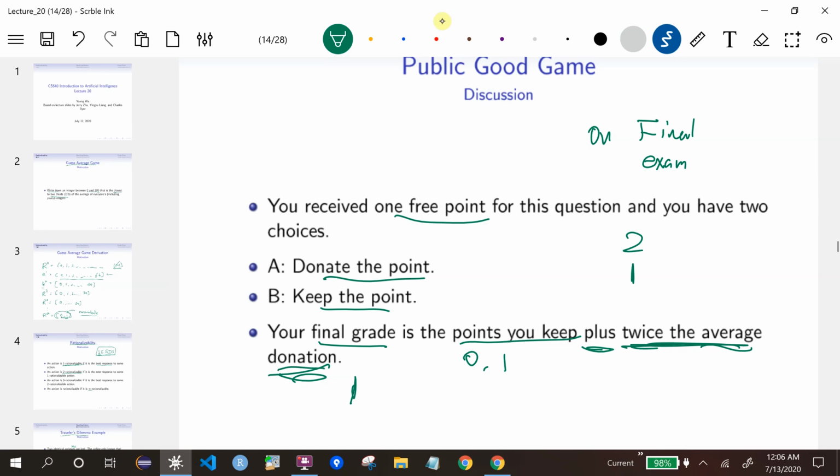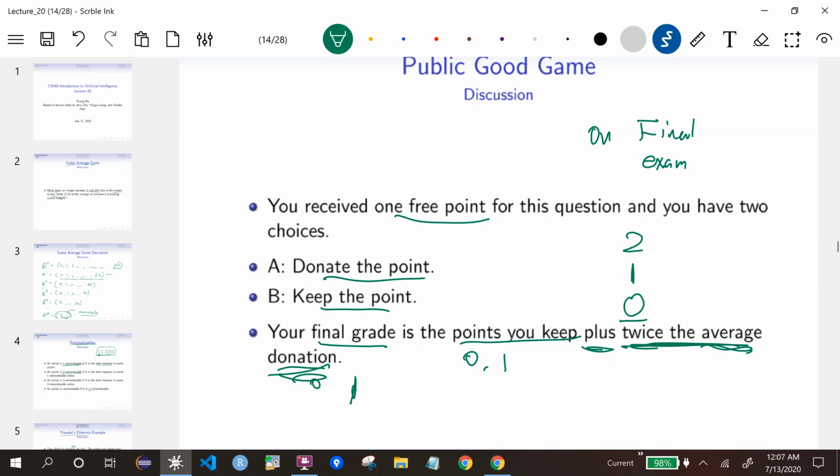The average donation would be 0, but then you kept 1 point, so it's 1 plus 0. So the worst case for you is if you donated the point, but everyone else kept the point, then you get 0, and the average is very close to 0 as well, and twice the average is still close to 0. So you'll get 0.